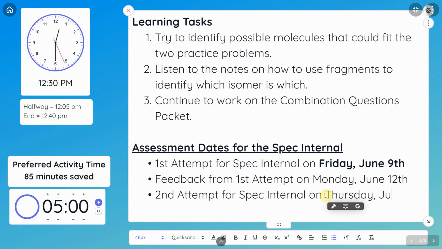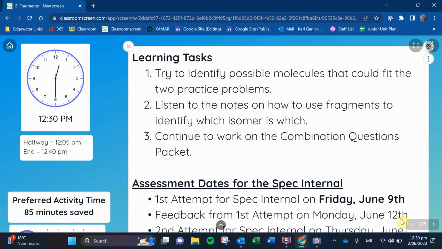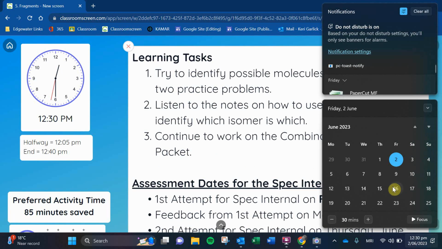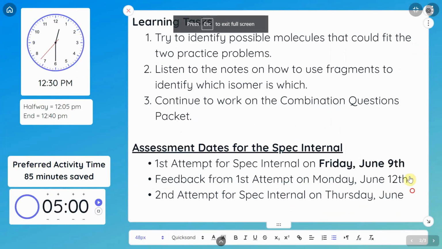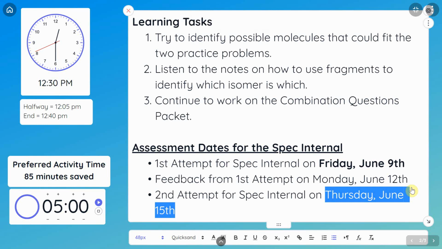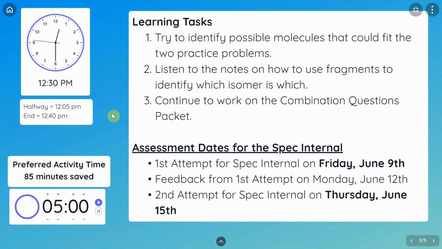That'll be Thursday, June. Help me. What is that day? June 15th. Cool. I'm taking the best 2 out of the 4. If you do really well in the first 2 questions on the Friday, then you can be done. If you get like an excellence on one and a merit on the other one, then when you take the second attempt, you only need 1 more excellence to get excellence overall.